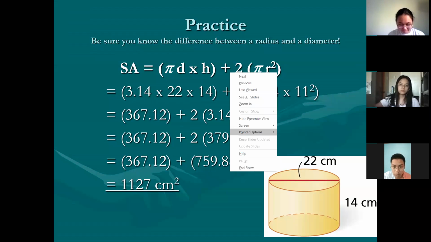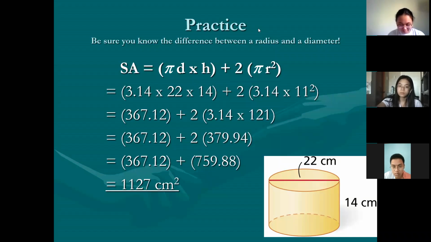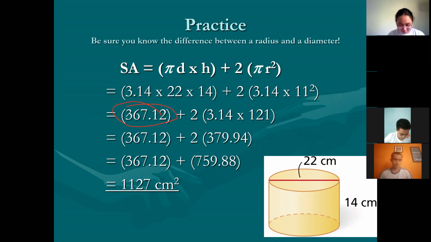Double check in your solution. It's supposed to be 967.12, right? So 967.12 plus 759.88 is 1727 cm squared, and not this one. So a correction from the solution. Maybe I used 11 here and not 22.